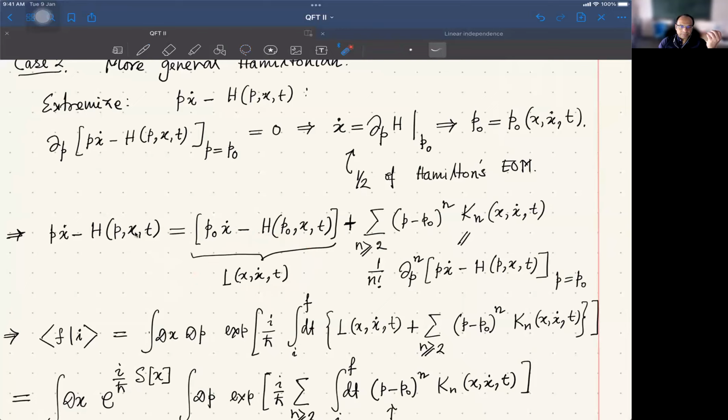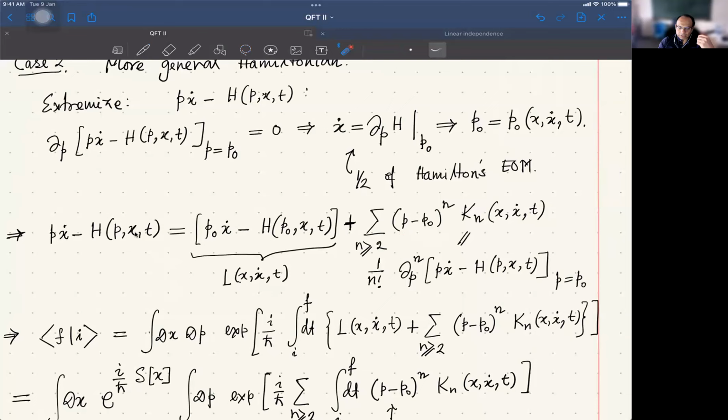But at subleading order, the higher order h bar contributions will be smaller. But how do you incorporate that into the equation? By scaling, by saying that p minus p0 is higher order in h bar.